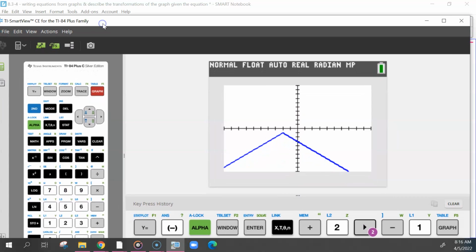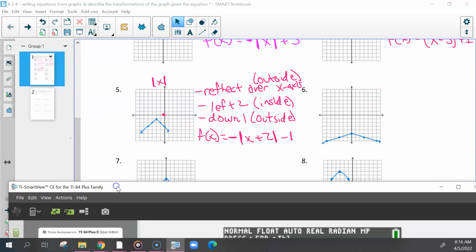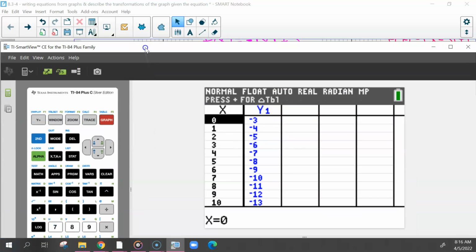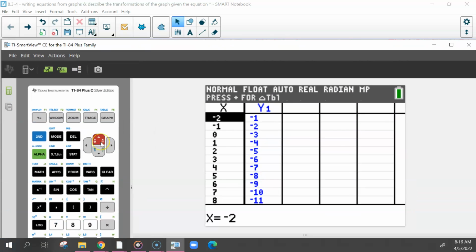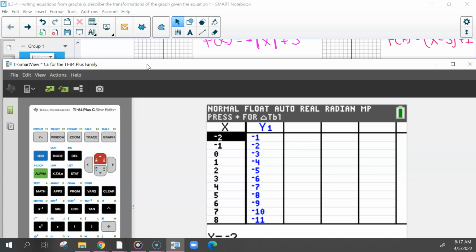That does look like that, but I'm going to look at the table because that would be more precise. This we call the vertex point. The point where it starts is at negative 2, negative 1. Then negative 3, negative 2. That matches.